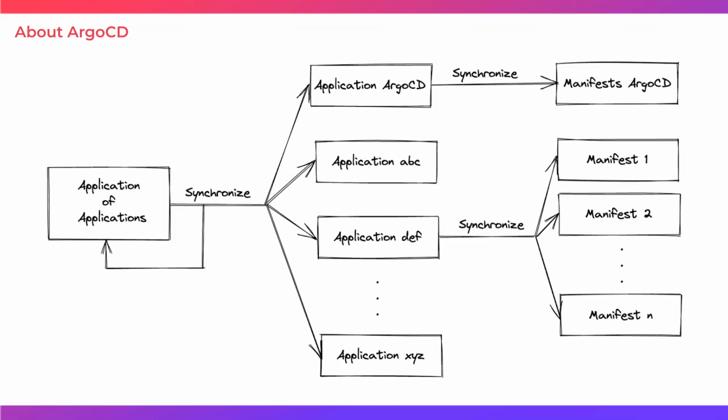Basically, an Application is a custom resource definition where you give a Git repository URL and a directory to watch in this repository, and the Application is going to make sure that everything contained in this directory is deployed inside your cluster. In this directory, you can have raw manifests, a Helm chart, or a Kustomize bundle. Everything works with Argo CD.